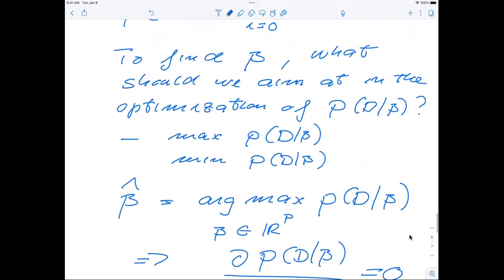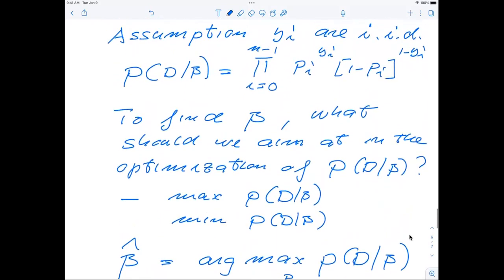So if you go back and look at this function, is there an equivalent function which allows you to calculate this derivative in an easier way? You have a product. So the equivalent problem is to optimize the log of this function.